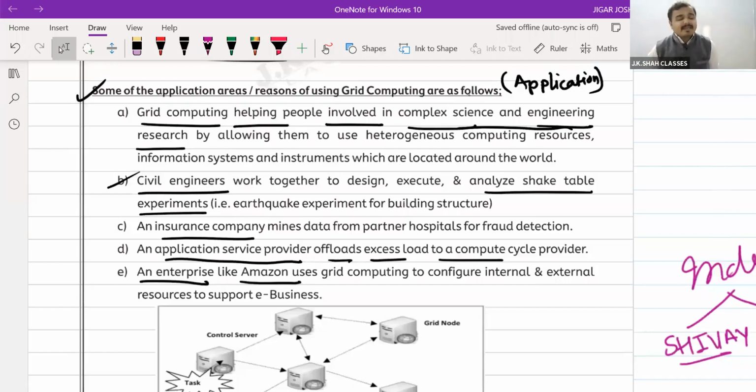Fourth, application service provider, ASP. And fifth one, Amazon. An e-commerce enterprise like Amazon also uses this grid computing.